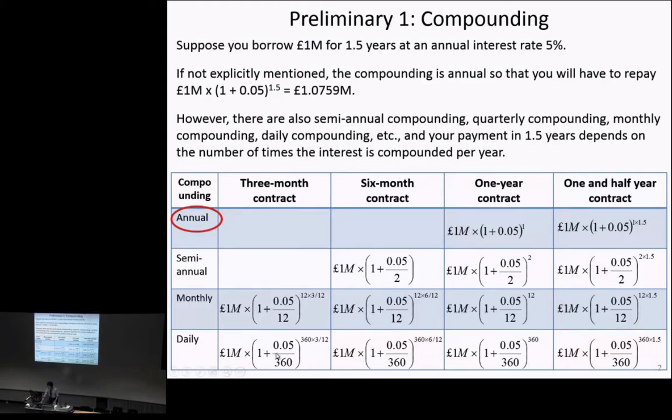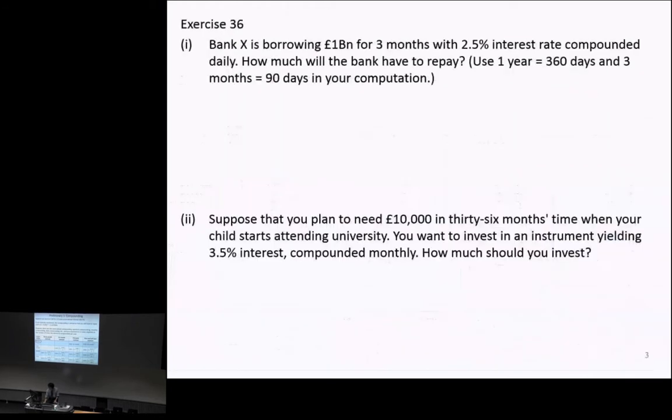With daily compounding, the exponent should be 90 because there are 90 days in 3 months. And that's compounding. For the exam of this module, just assume the annual compounding unless the question mentions otherwise. It's okay, right?